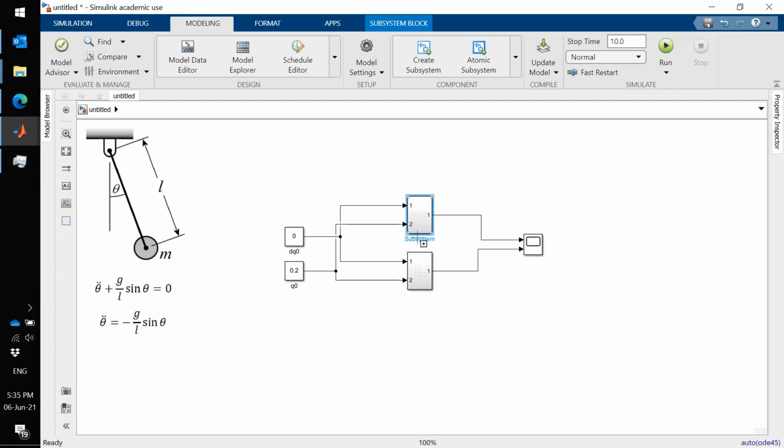We can call this nonlinear and call this linear, and now have a clean model page, easy to read, and externally I only have the initial conditions.